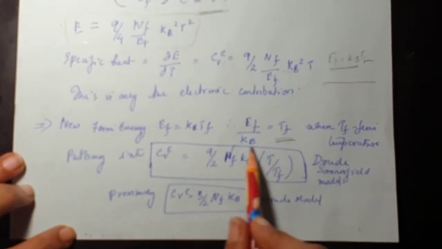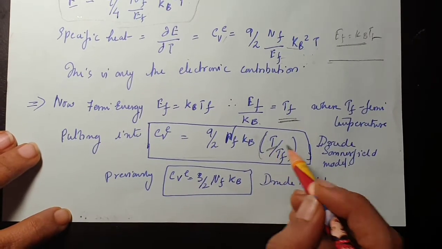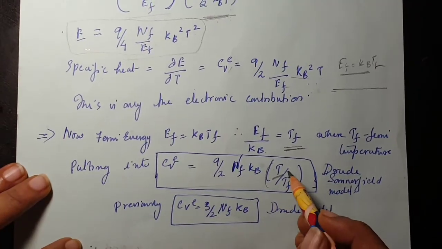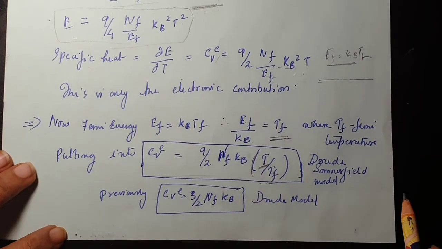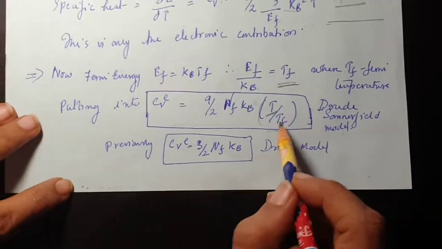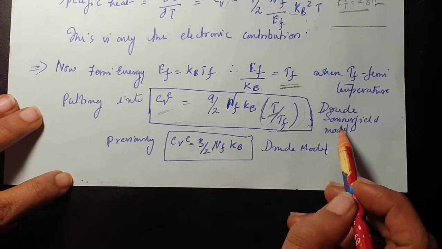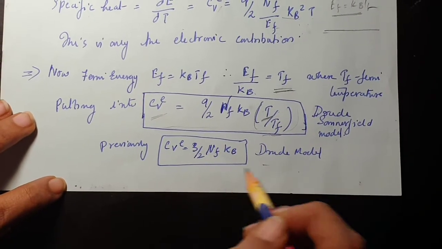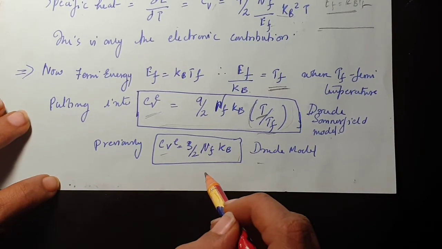So I am just substituting in this equation, and I get a term T by TF. This is the temperature at which the material is, or to which you have raised it, and this is your Fermi temperature. So by using the Drude-Sommerfeld model, you have got this equation for the electronic contribution of specific heat. By our classical theory or Drude model, this is the electronic contribution of specific heat.